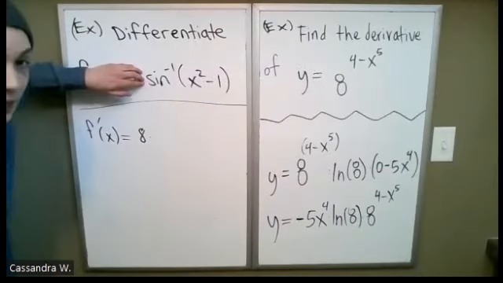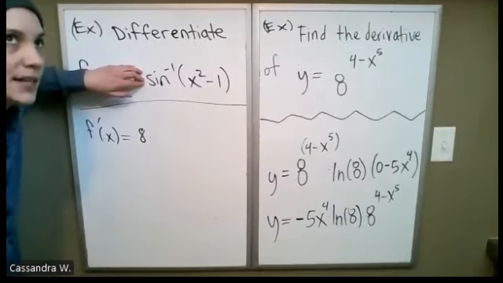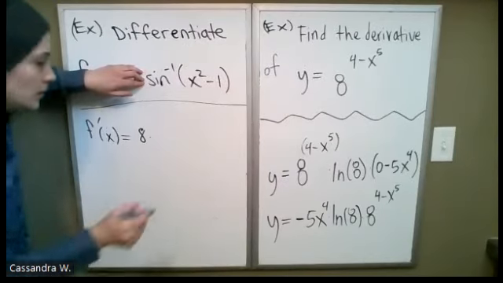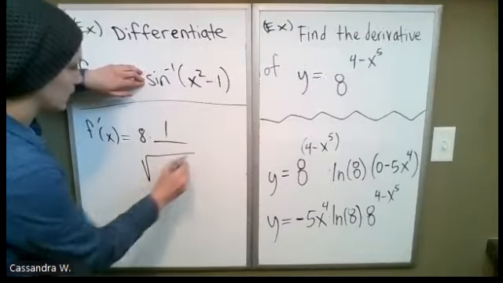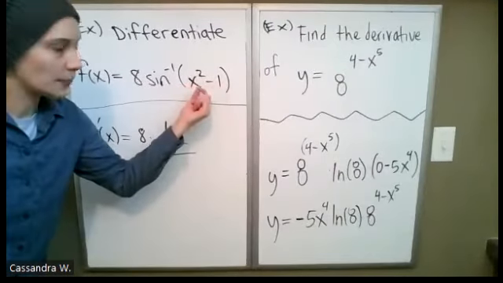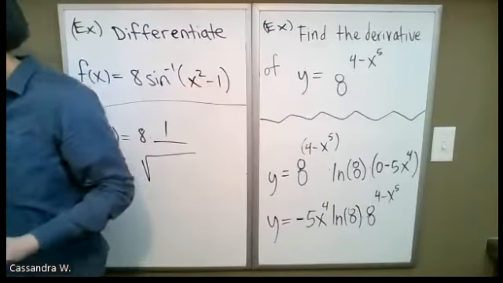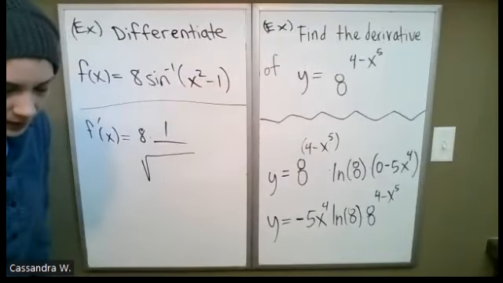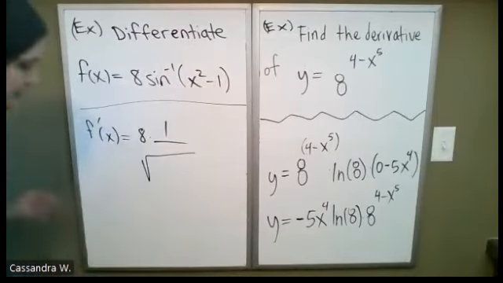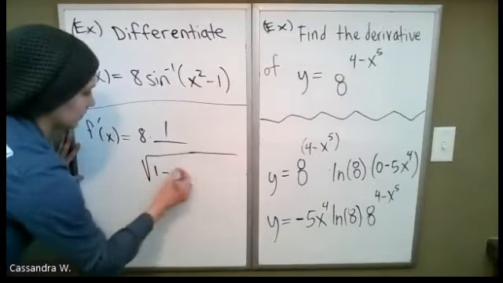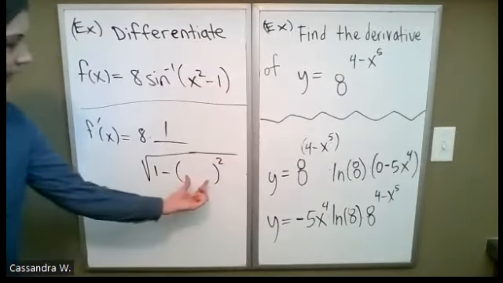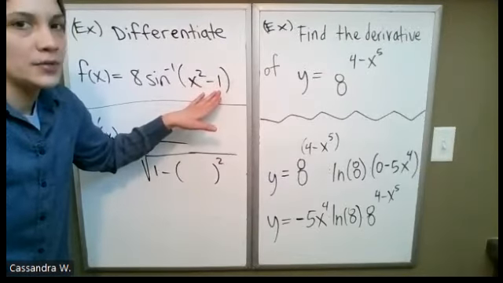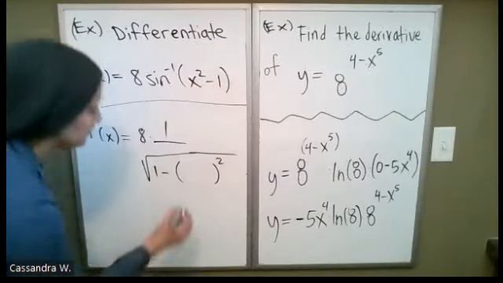Okay. Derivative of sine inverse of that stuff. So derivative of sine inverse would be 1 over the root of 1 minus that value squared. And again, what goes in here is whatever you're inputting into that sine inverse function, x squared minus 1.